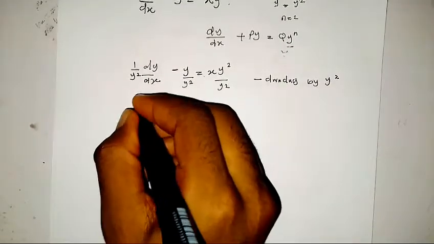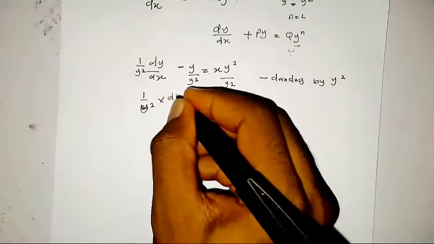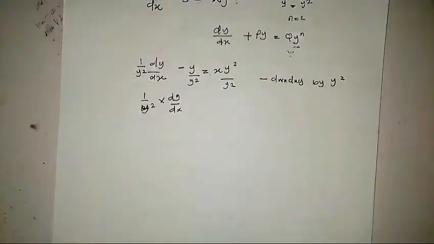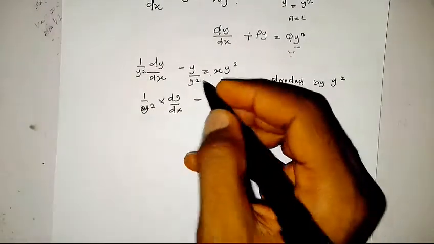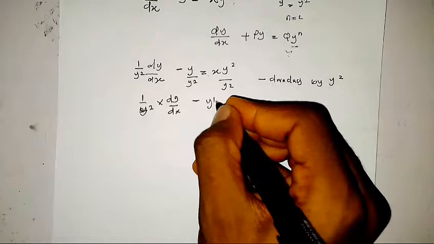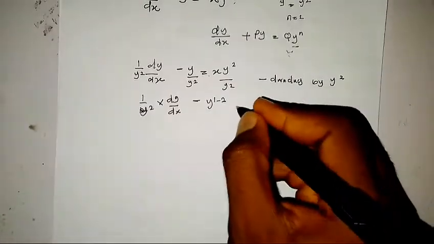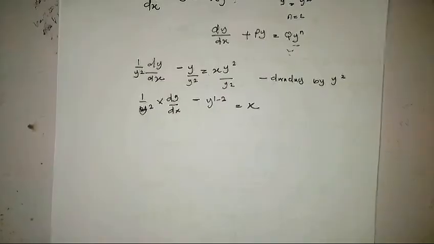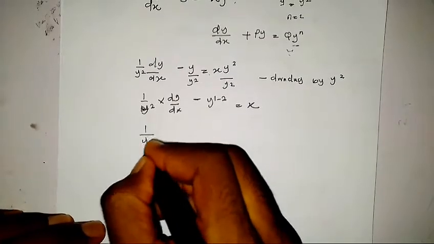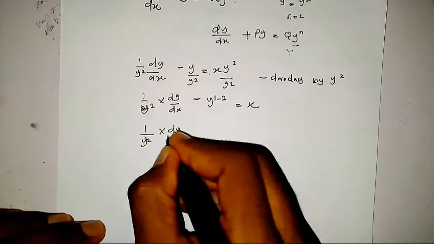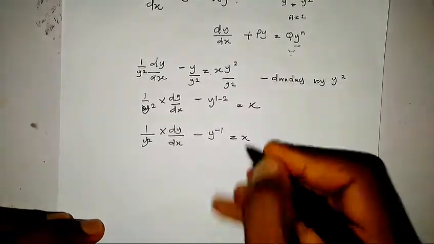So we have 1 over y squared times dy/dx minus, so y divided by y raised to power 2 simply gives y raised to power 1 minus 2, that's the law of indices, equals x. Now, rewriting this, you can simply say 1 over y squared times dy/dx minus y raised to power minus 1 equals x.